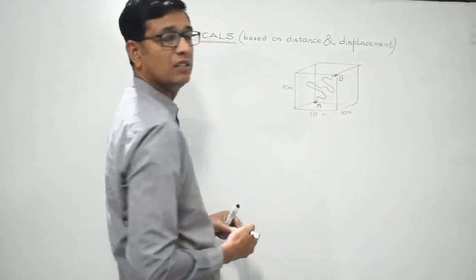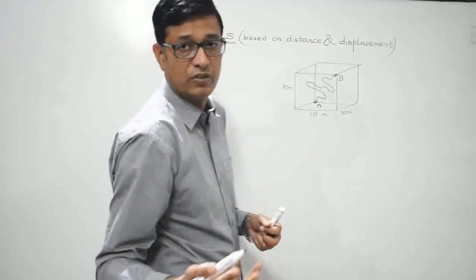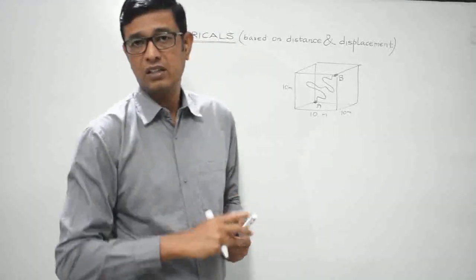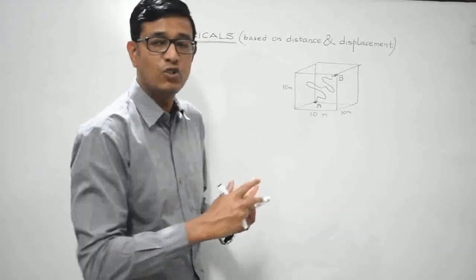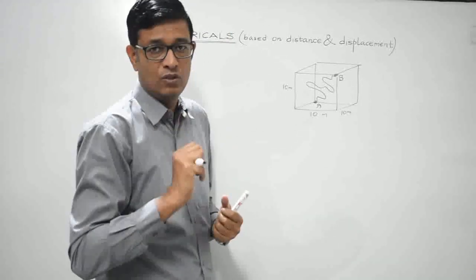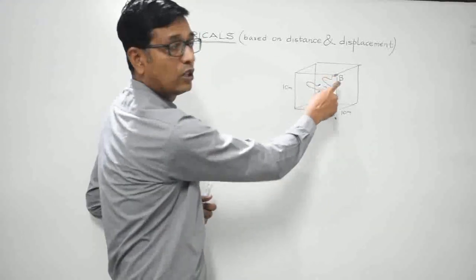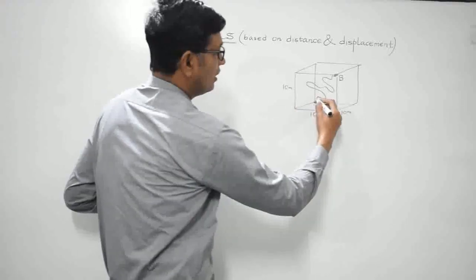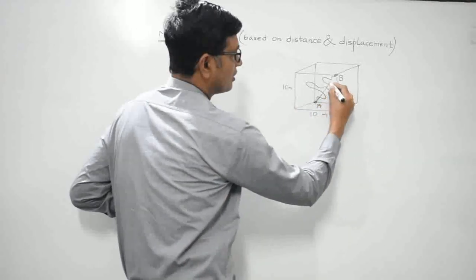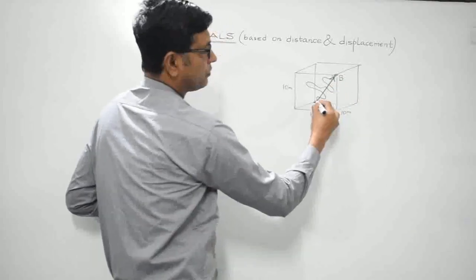In this case, displacement, as we are aware, again I am telling you, it's a vector quantity, which means it possesses both magnitude as well as direction, and it is represented by an arrow, the tail of which should coincide with the initial position and the arrowhead should point towards the final position. So this will be the shortest distance in this particular direction. So this will be the displacement.